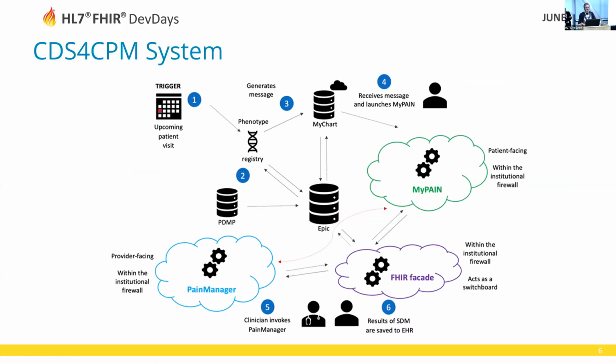So I'm just going to speak about the architecture that we put in place for this CDS for CPM system. So as Sarah mentioned, it's two applications. One is a patient-facing SMART on FHIR application that enables the patient to fill out a FHIR questionnaire and send those responses back. Ideally, that happens sometime before the encounter.